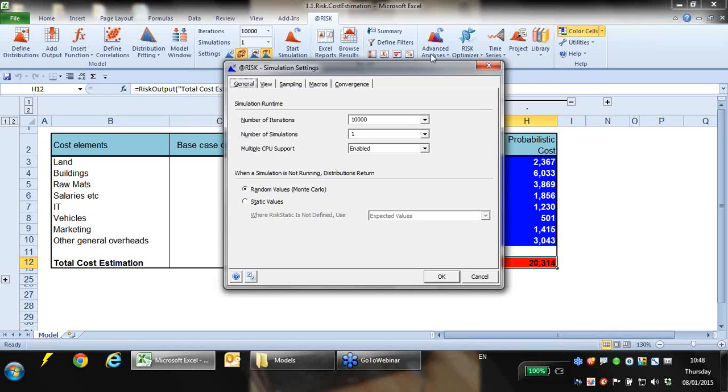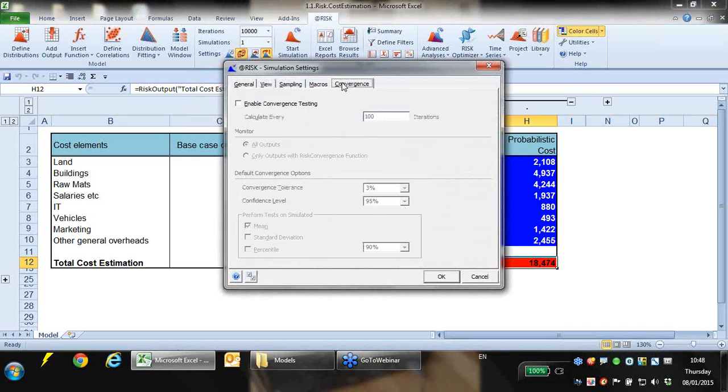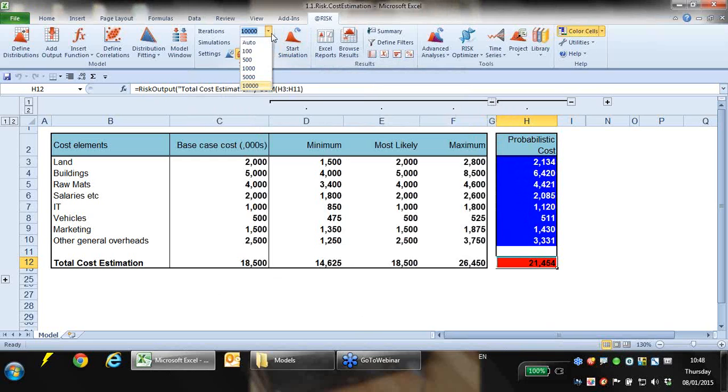If I show you here, next to this settings word, you've got the simulation settings option. Here you can do convergence testing, which enables you to find the optimum number of iterations based on these different inputs. The software will tell you automatically, or you can go to auto up here, and it will tell you what the ideal number of iterations is.